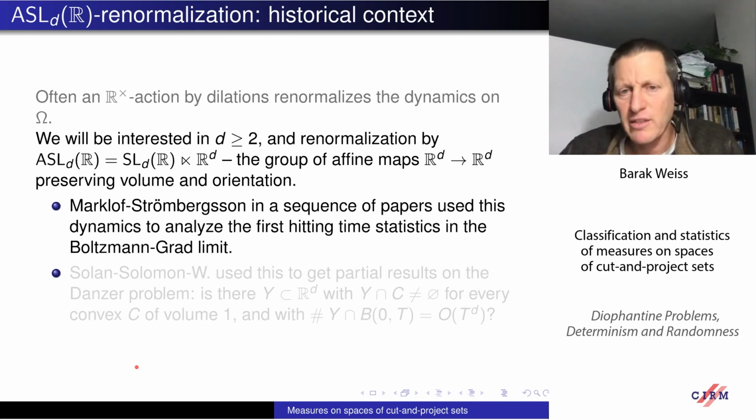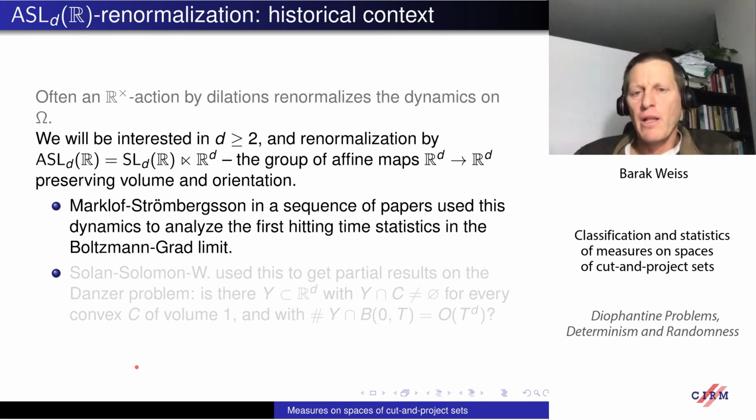So this is a relatively recent point of view in the literature. It was first used by Marklof and Strömbergsson in a sequence of very beautiful papers. And they use this dynamical system to address certain questions in statistical physics, in mathematical physics.